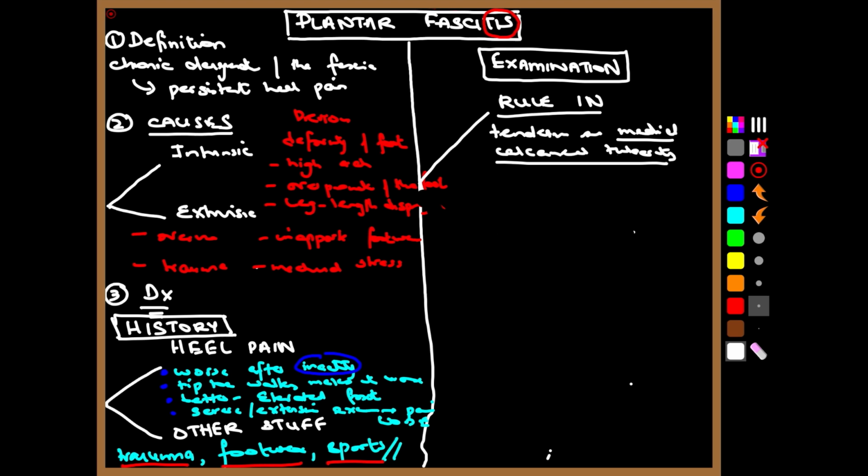This is very important because most of the times when you tell the patient to take off their socks, if they've got plantar fasciitis, they'll simply just put the finger on the medial calcanean tuberosity. And the reason behind that is that the plantar fascia starts from the medial calcanean tuberosity.